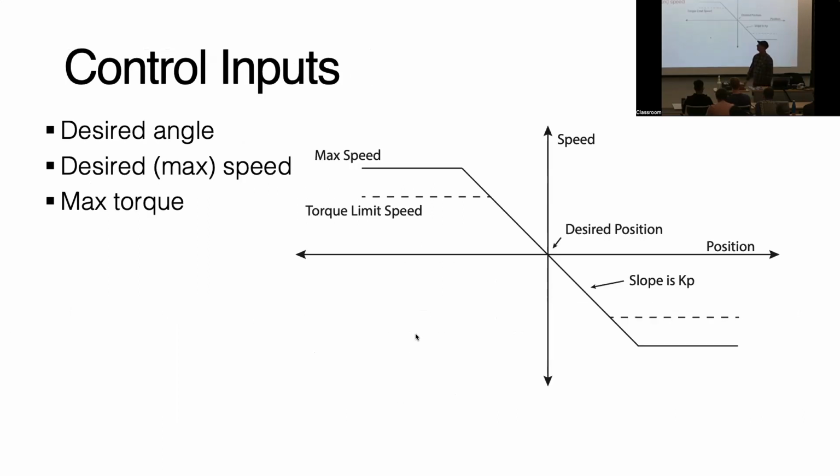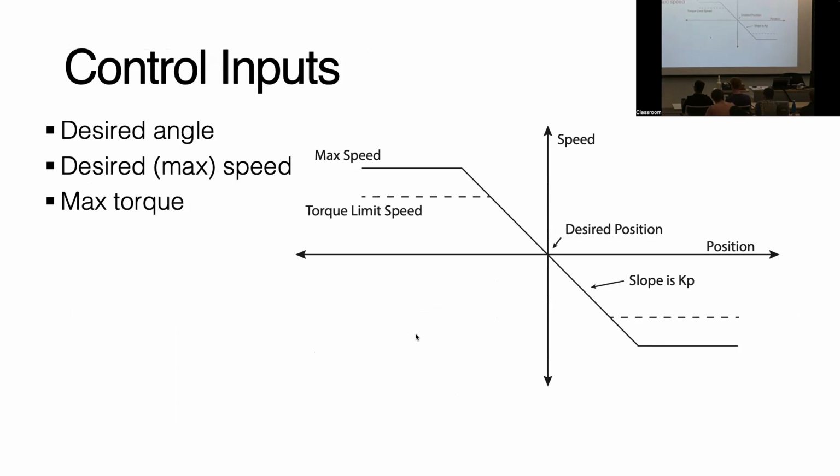All right. So when you control these motors, you're setting the position that you want the servo to be at, but then you can also set a max speed to move and also a torque limit. And so basically it's sort of a cascade. It will move to a position at a speed determined by the proportional controller, until it hits your maximum speed limit, right?